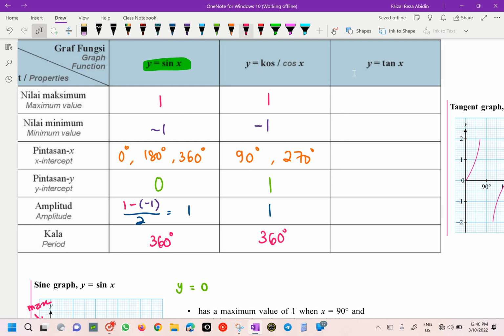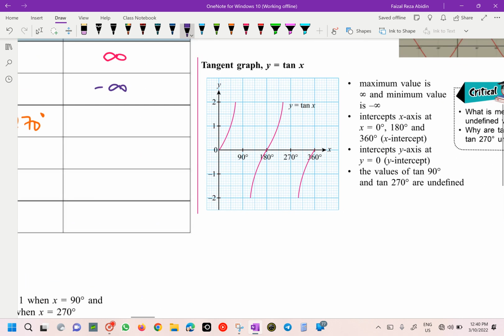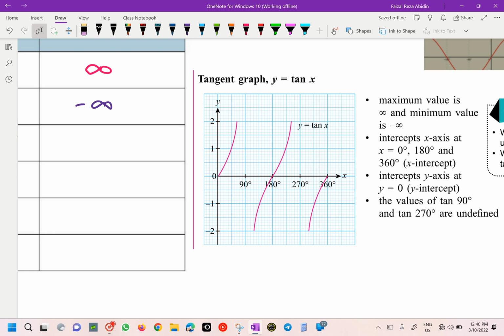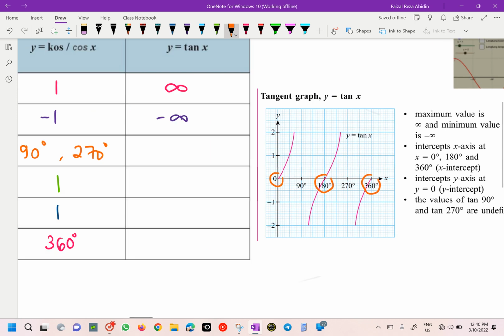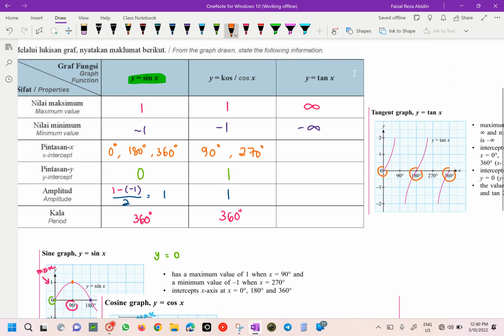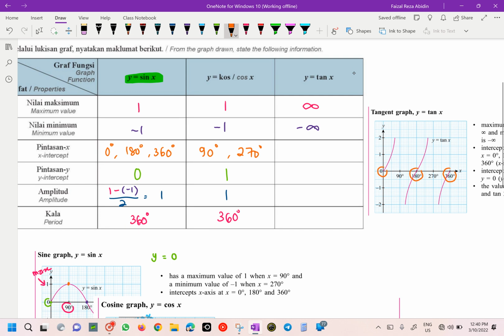It's going to be positive infinity. Minimum negative infinity. Is there any x-intercept? Yes, we are going to get 0 degree, 180 and also 360. It's going to be the same with our sine, yes. 0 degree, 180 and also 360 degree.